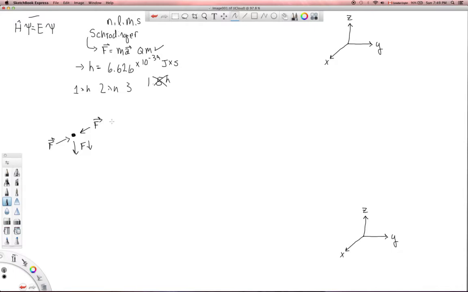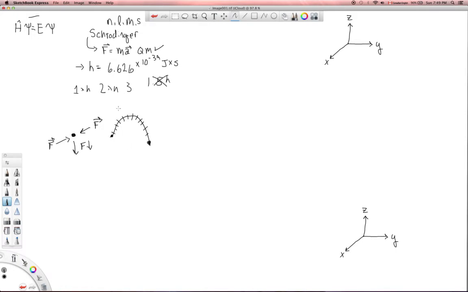I plug them in, and I can plot a trajectory for that. So maybe the particle's here, and it has a certain trajectory, and I can arbitrarily know at any point of my choosing along that trajectory exactly where that ball is.